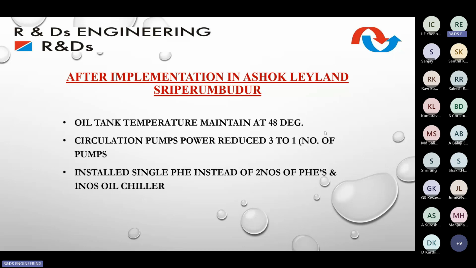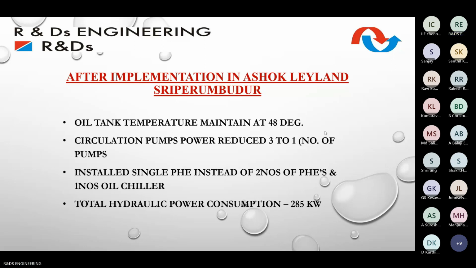Now the hydraulic power consumption has reduced from 410 kilowatt to 285 kilowatt. There are drastic power savings happening right now. And this is not something we are just telling you. These are actual figures, running right now in your plant.